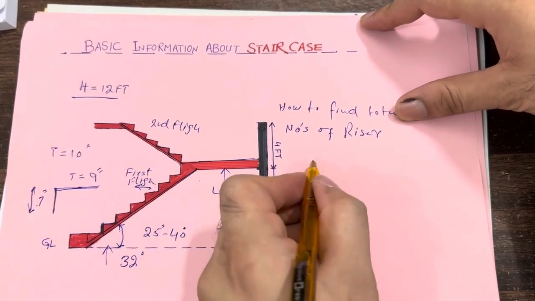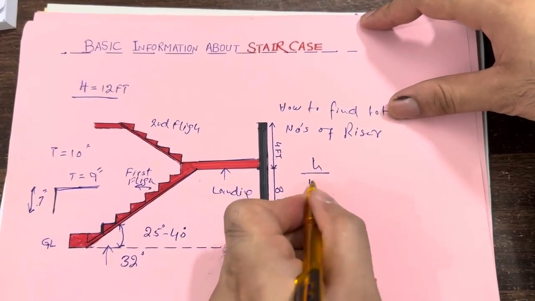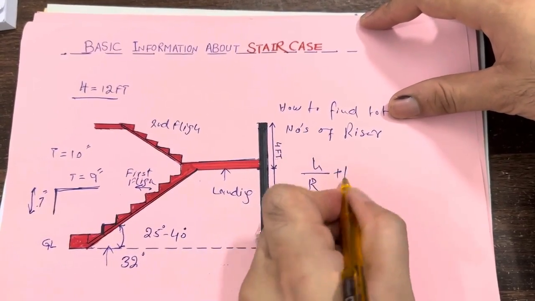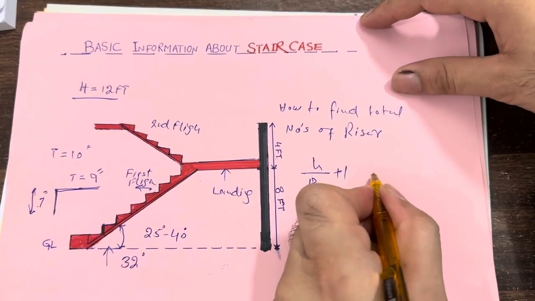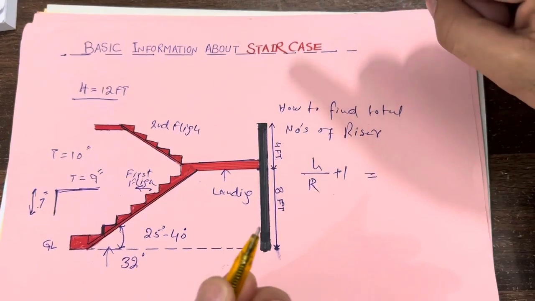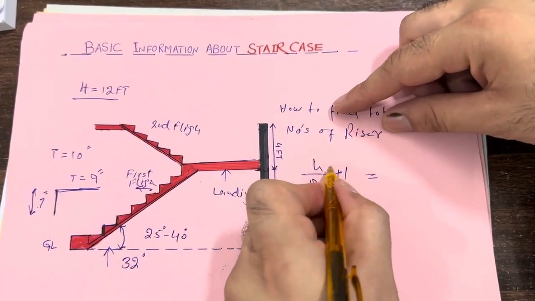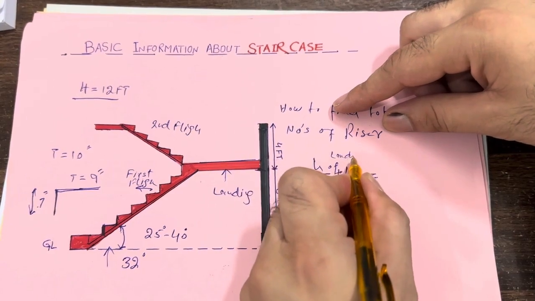You can use the formula: height divided by riser height, plus 1, and you will get the total number of risers. What is height? It means the total height, or you can say the height of the landing.